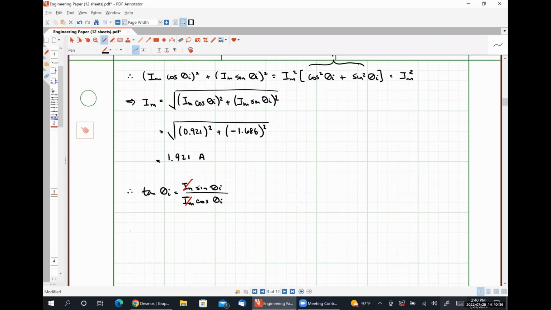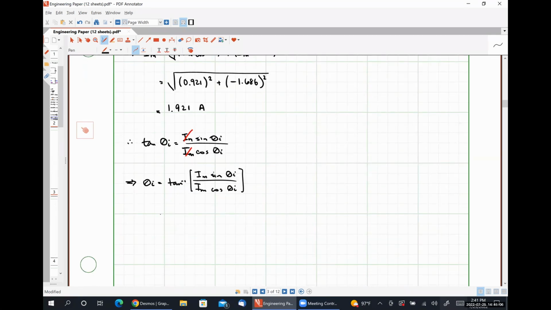So I can say that theta I is simply the inverse tangent of Im sine theta I over Im cosine theta I, and substitute my numbers in here.